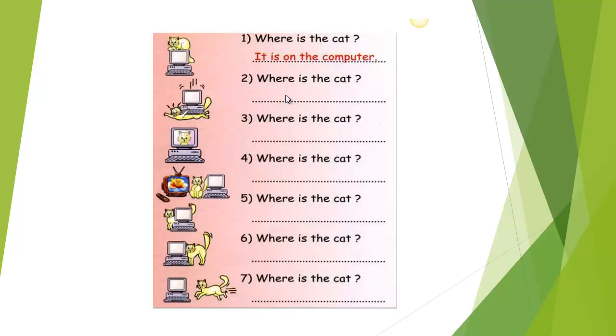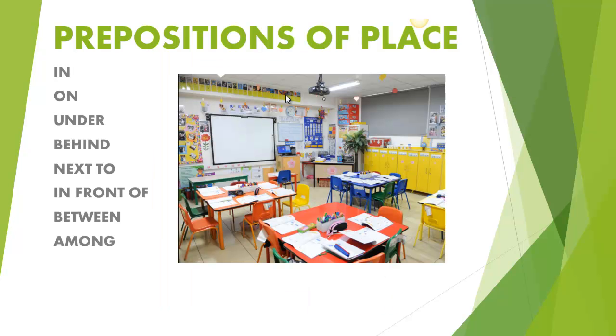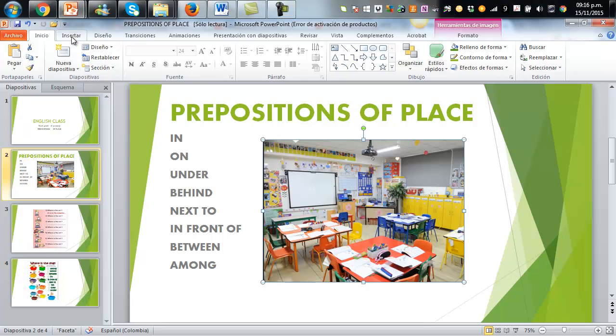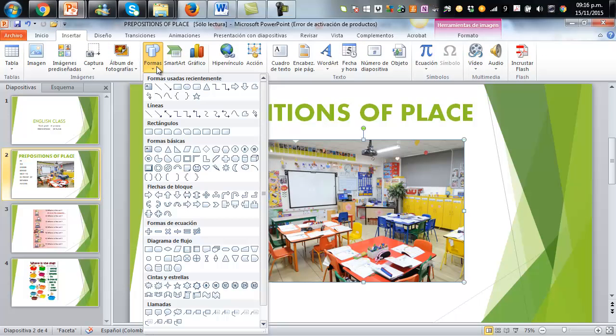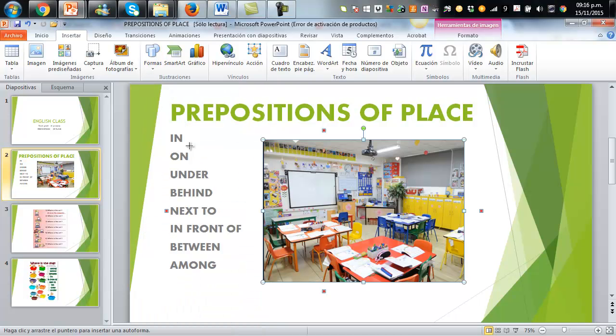If you have any doubts, you need to go to this one and remember where each one goes. So we're going to use an arrow to say in. I'm going to remember that it refers to this one.